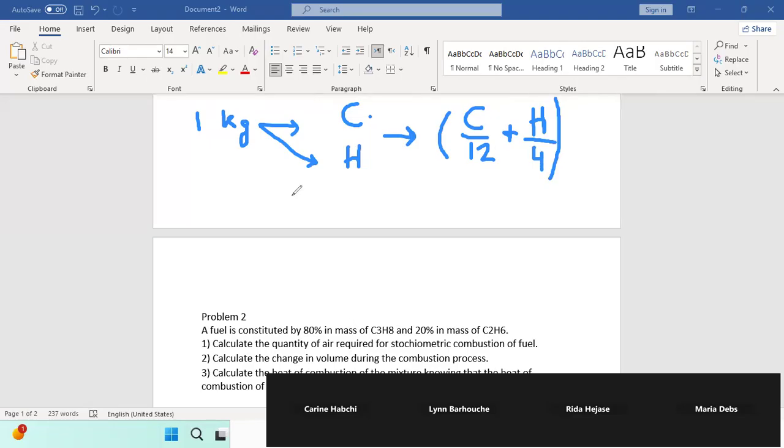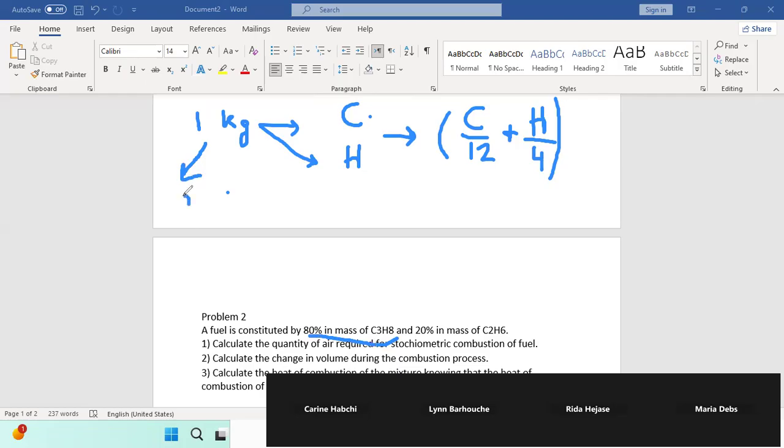Okay. Now, what are our reactives here? We decomposed the equation into two parts. In our reactives, we have 80% by mass of C3H8. And we said that we can determine, in this 1 kilogram, the number of kilomoles of C3H8.